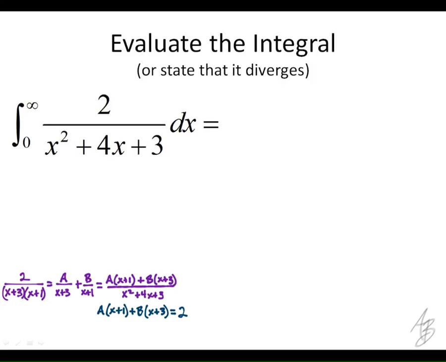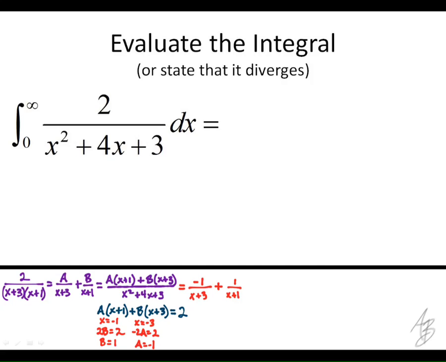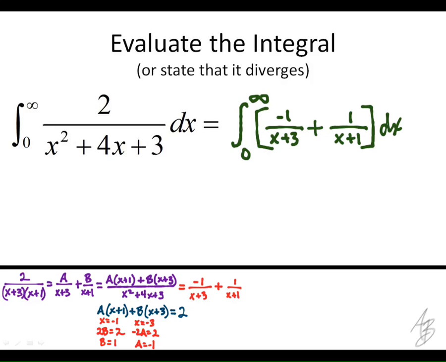I did the work ahead of time so that we could go through it pretty quickly, and we end up getting b equals 1 and a equals -1, so that integrand can be rewritten like that. So the first thing I do here is I rewrite the integrand using the partial fraction decomposition. Everybody okay with that?